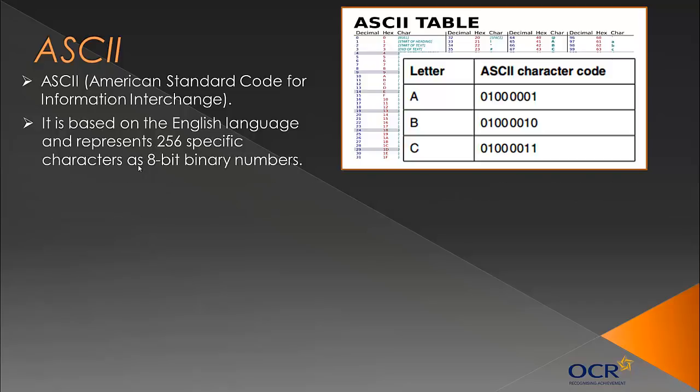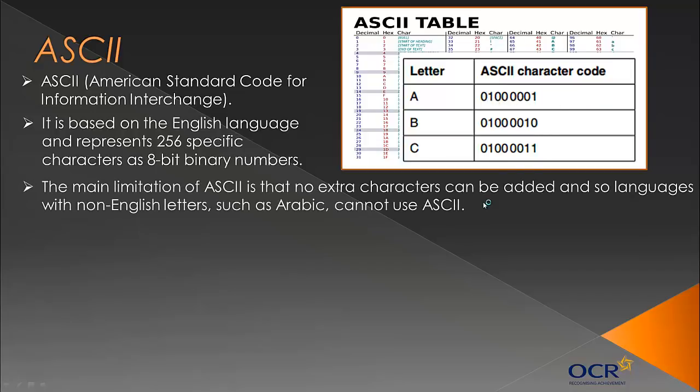What this means is an 8-bit binary number literally means that every character has these 8 bits associated with it. There's one huge limitation of ASCII, and that is that no extra characters can be added to it. The base 128 or 256 characters can't suddenly be added to because it's already 8-bit.